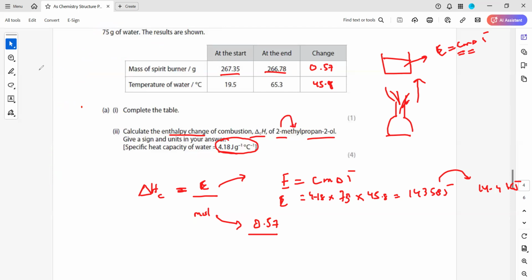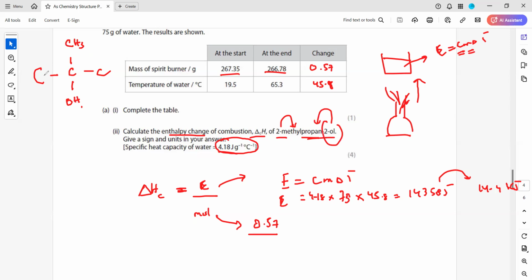Prop means 3 carbon atoms are there, so there are 3 carbon atoms. At the second position, there's a methyl group. If I count the left hand side as the first carbon, then at the second position there's a methyl group, and at the second position there's an alcohol group as well. So OH is also there.